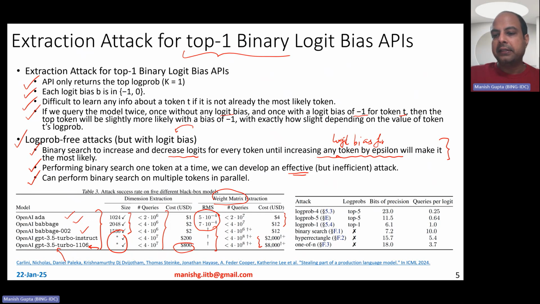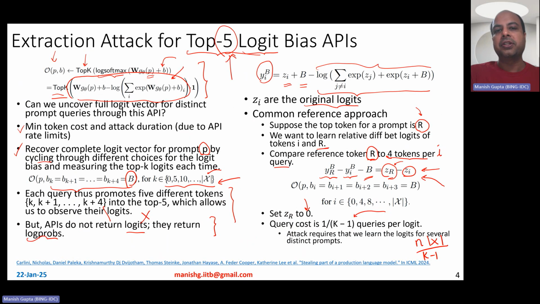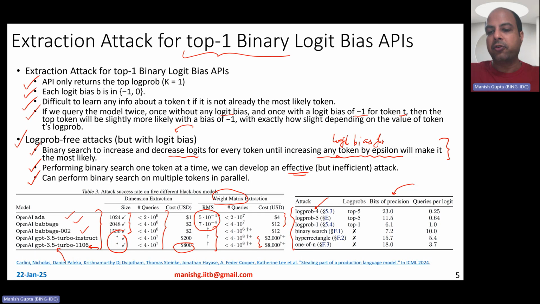So that's that. This table shows the accuracy with which they were able to obtain the weight matrix. These are the various methods that I talked about. The first one was the log probability 4 method. Remember, you have the top 5 logits, and you can get the value for 4 of those logits at a time. That's the log probability 4 method.